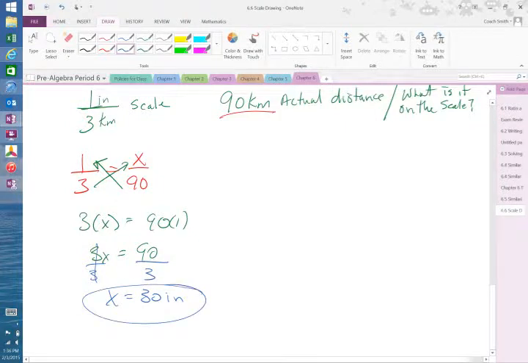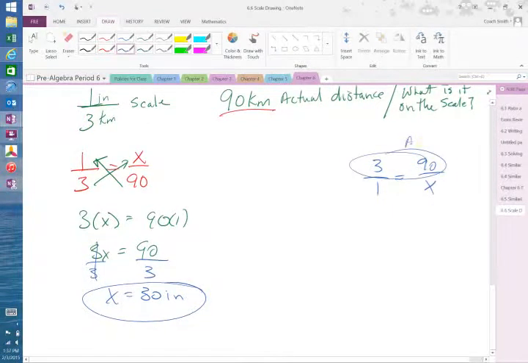Okay? Now, you can run them either way. In other words, I can do this one as 3 over 1. I just have to make sure it's 90 over x, that right there is the actual and that right there is the scale.